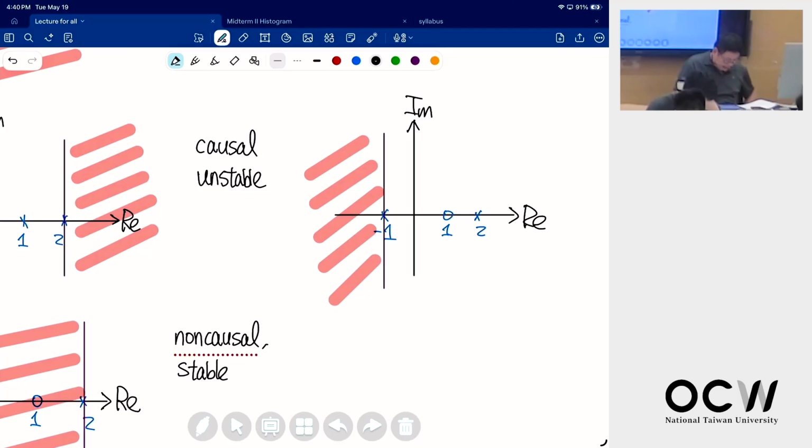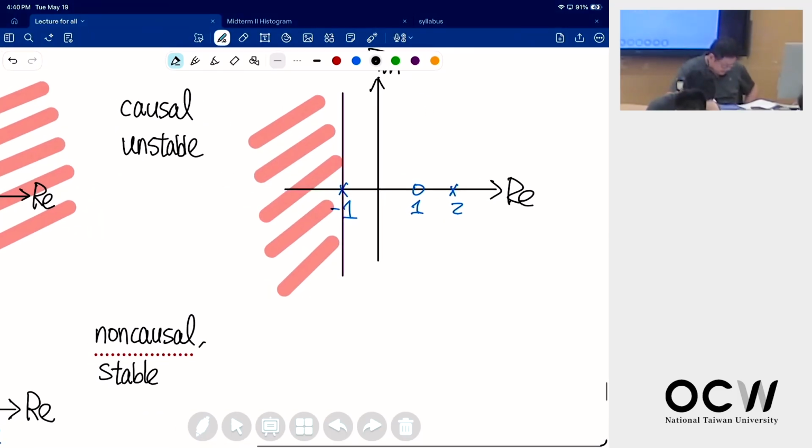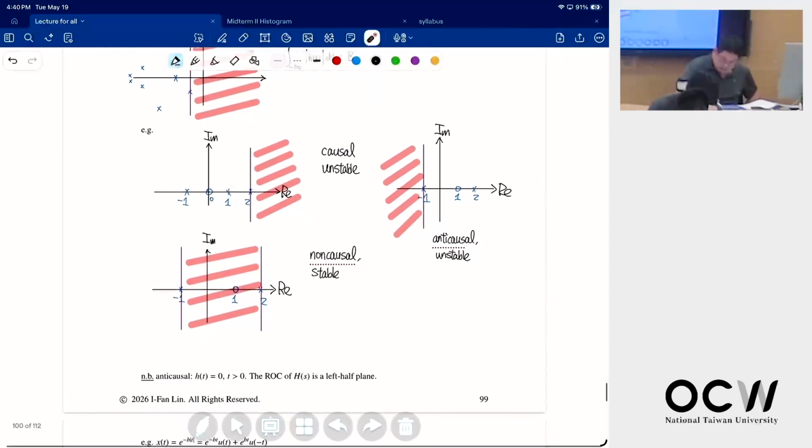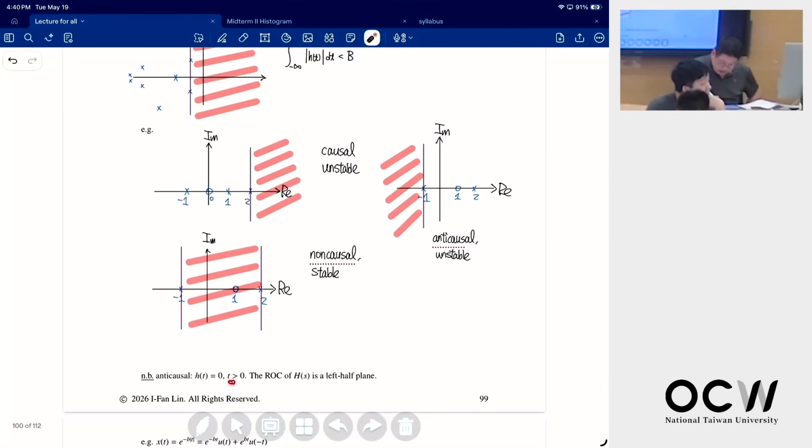And we call this anti-causal. So what is anti-causal? We don't have values when t is greater than 0, and the region of convergence is the left half plane.